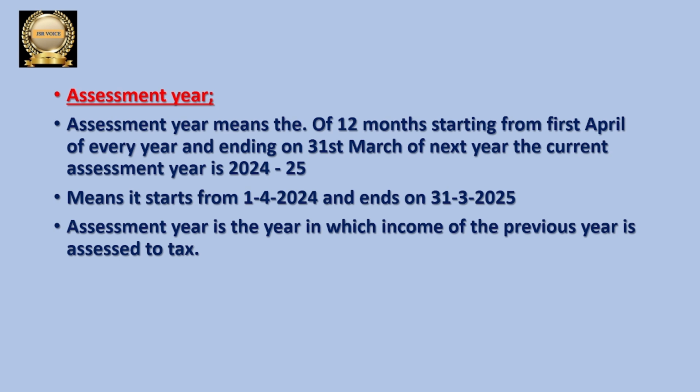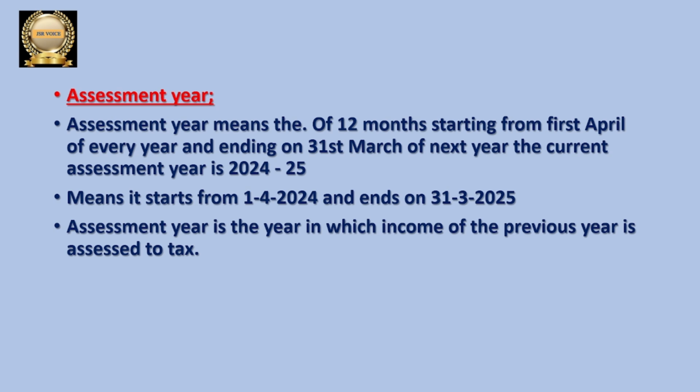And let us discuss what is actually previous year also. Here in the first point in assessment year, there is a mistake in one sentence. The word 'of' is printed there, so you can take it as: assessment year means 12 months period.